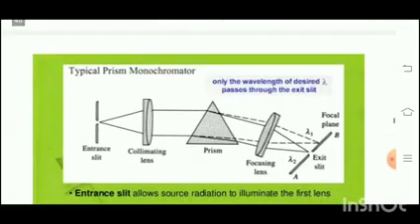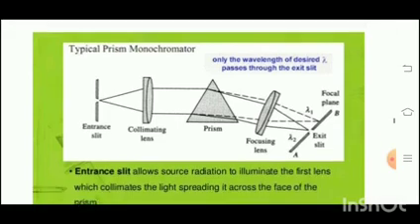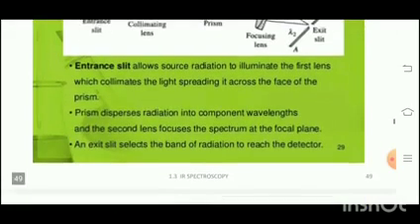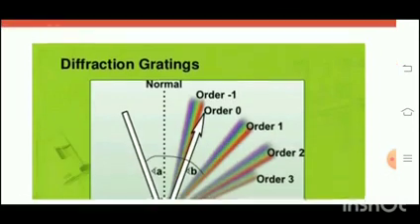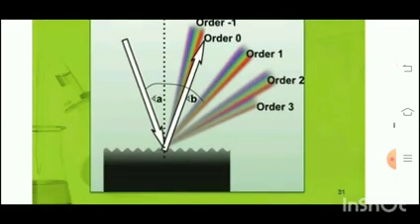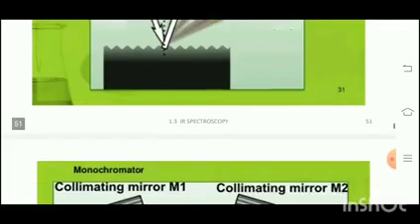The prism or grating splits the total radiation into monochromatic radiations, one by one, which pass through the slit to interact with the sample to be analyzed. Gratings are also used for the same purpose, consisting of multiple plates, dispersing or diffracting the radiation and allowing it to fall on the sample one by one.